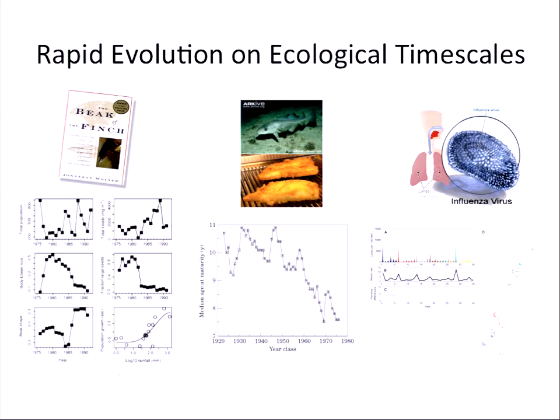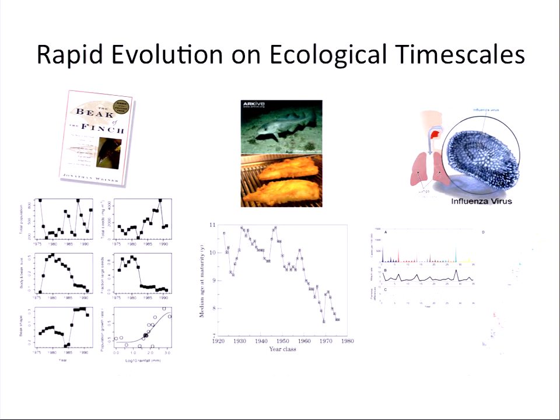One are the Galapagos finches, which have been very well studied for the past 30 years. There they've shown that in response to changes in the abundance of different types of seeds, the beak morphology of the finches has evolved, which has had very major impacts on the population dynamics of the finches. Another example are Atlantic cod in the Northeast. Too many cod have gone from this to this, which has caused the fishery to collapse.